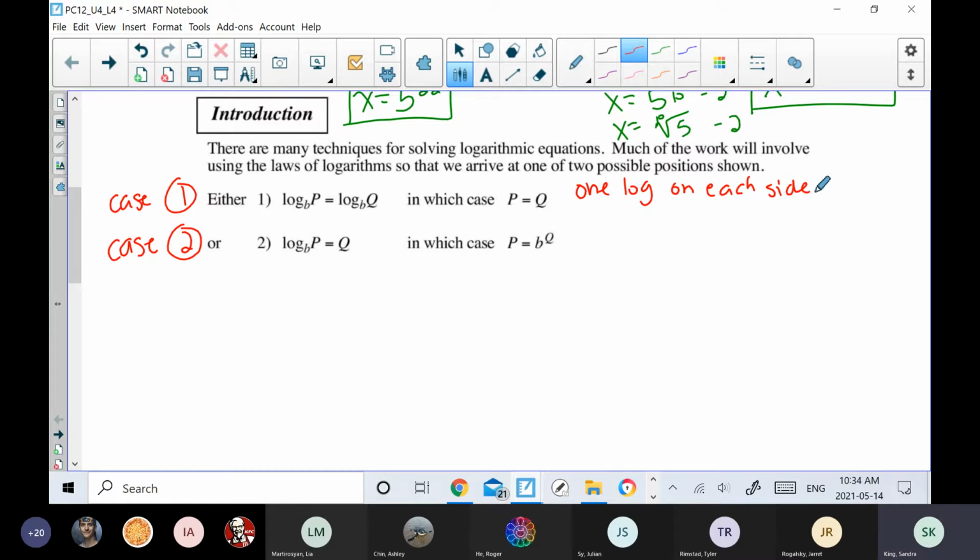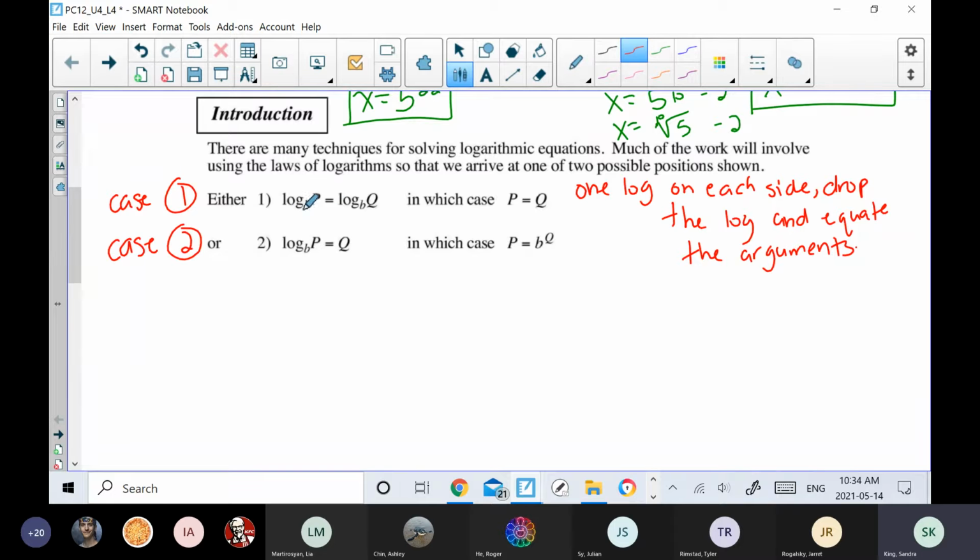And if you have one log on each side, we could do what we did when we solved exponential equations, where we dropped the base. When we had the same base on each side of the equal sign, we dropped the base. Here, if you have one log on each side of an equal sign, and they're both base B, what you can do is drop the log and equate the arguments.